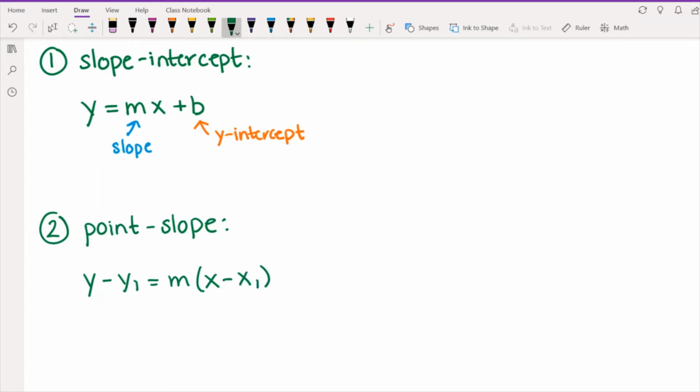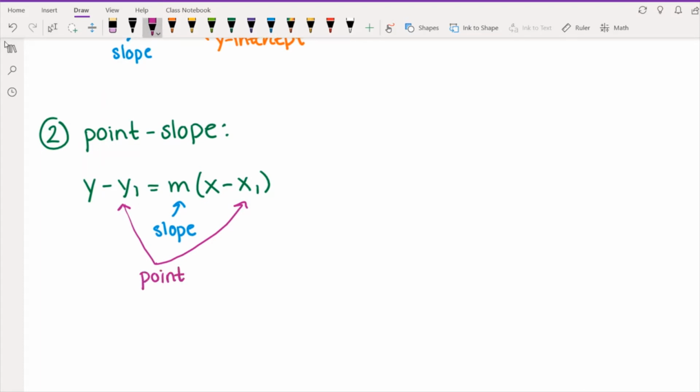And so what do all these different letters represent? Well, m, same as before, represents the slope. And then what is this x1 and y1? Well, those tell you a point that your line goes through. So not necessarily the y-intercept, but just any point.